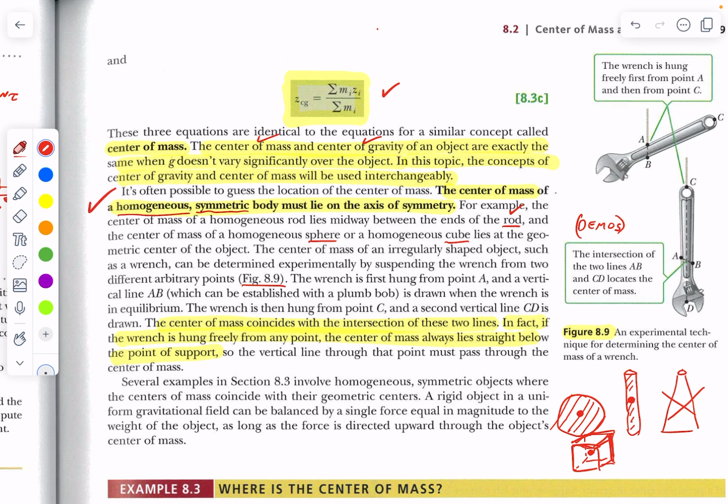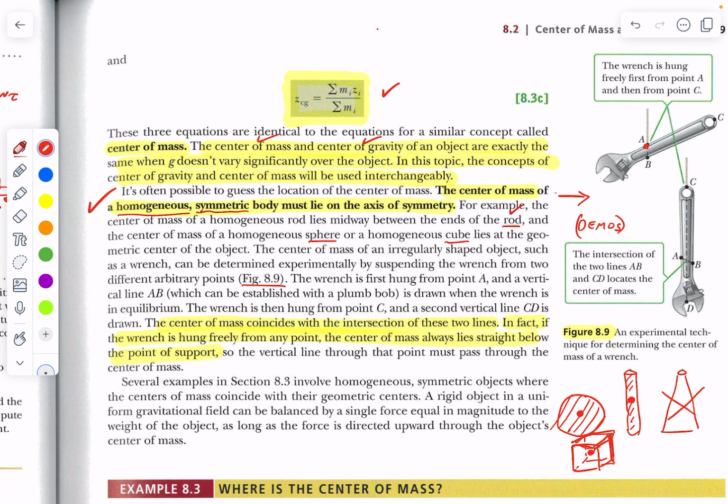So let's look at an object that is homogeneous but not symmetrical over here. Let's say this is all made out of the same kind of steel, and we want to find its center of mass. Well, the trick is to pick a point anywhere along the handle.